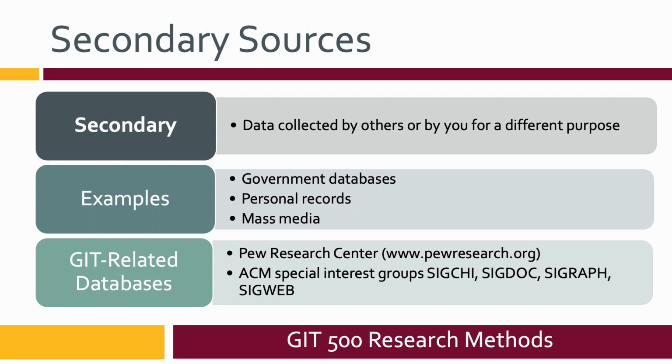Secondary sources, again, are data collected by others or that you collected for maybe a different purpose or different research. Examples of this are government databases, people's personal records, including medical records, and mass media, so information that has been put out in the newspapers and in the news.